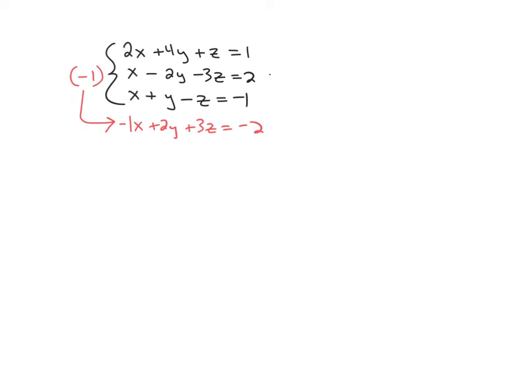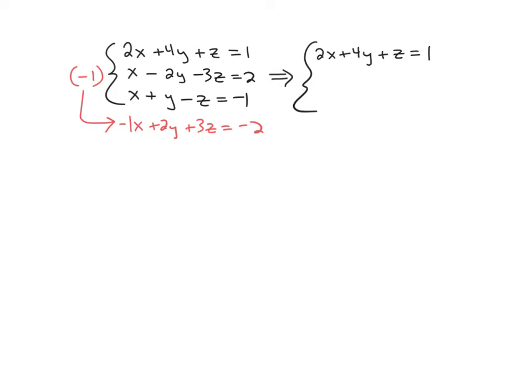So when I do this, the equation that's not involved in the transition, which is this top equation, needs to stay. So I'm going to write it down over here as 2x plus 4y plus z equals 1.